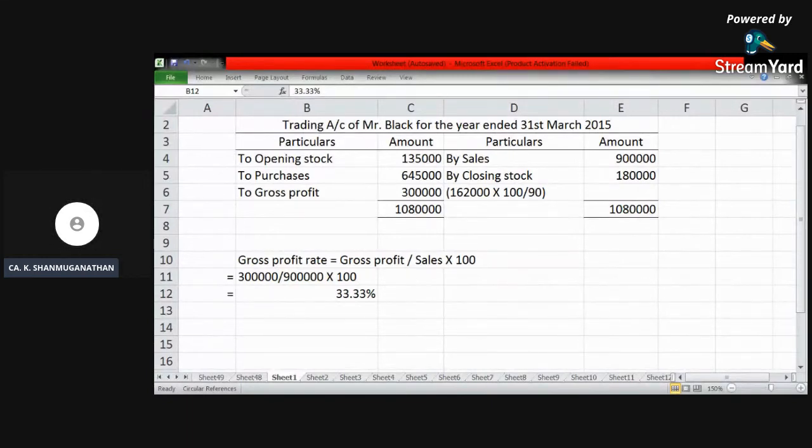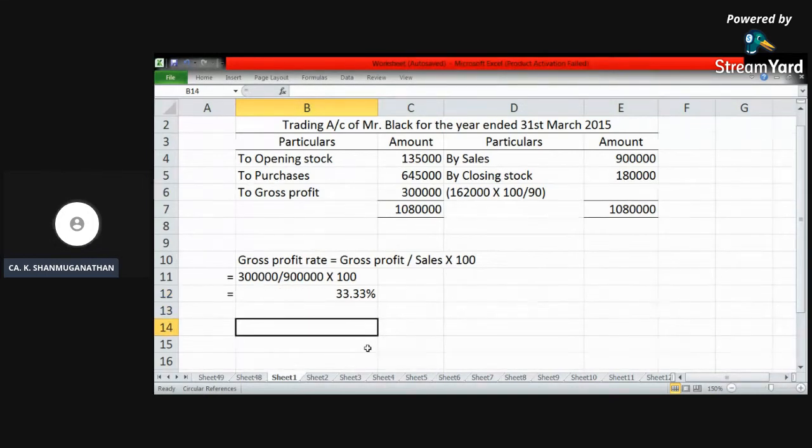As a result, you get net purchase. Only these two adjustments; all other things in your regular trading account format remain the same. So the task I have given you is the preparation of the memorandum trading account for the period involved.